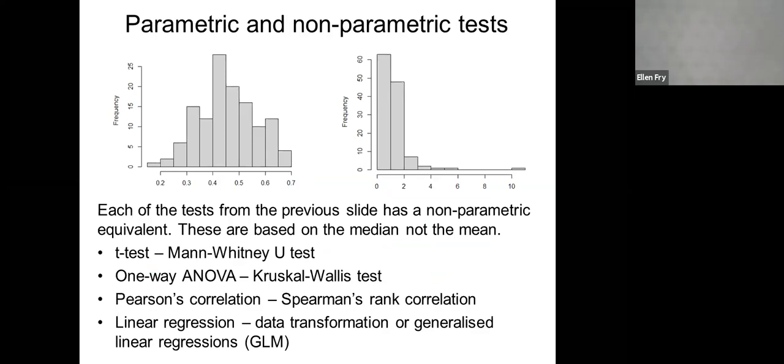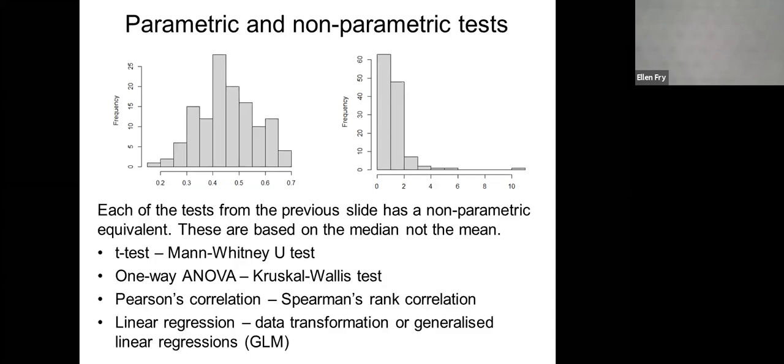We can trust that the parameters are good indicators of the properties of the data. If this is not the case, and the data has a lot of skew, like we see in this graph on the right, we can see it's skewed to the left, so we would have lots of zeros or very low numbers.